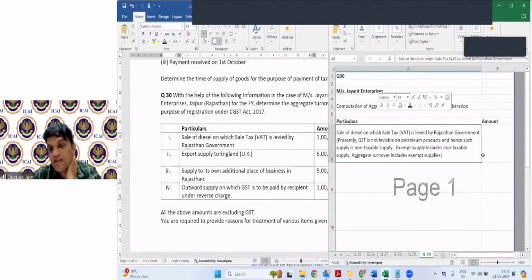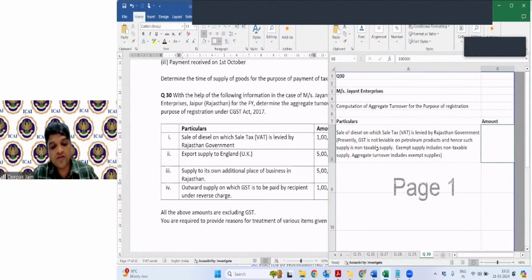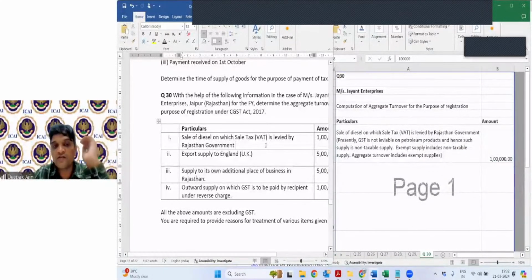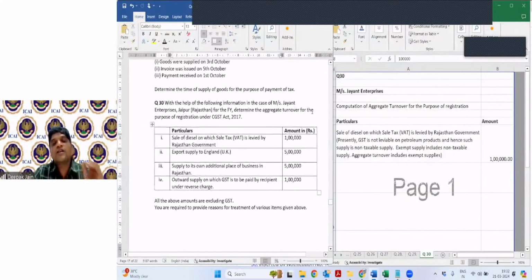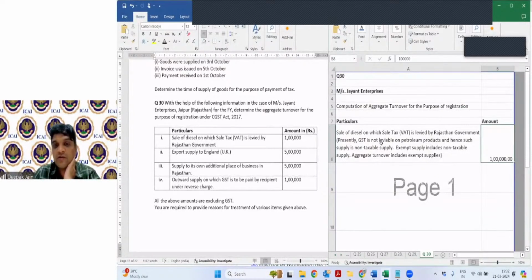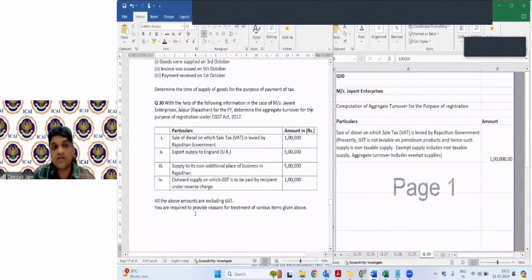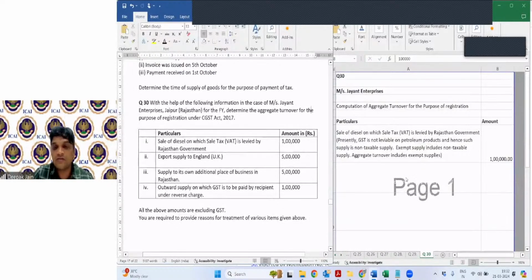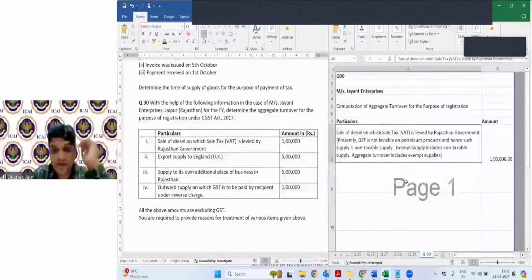So aggregate turnover includes exempt supply. So this value you will include for the purpose of calculation of aggregate turnover. We are not calculating a value on which GST is payable. We are calculating the value which we have to consider as aggregate turnover for the purpose of registration.